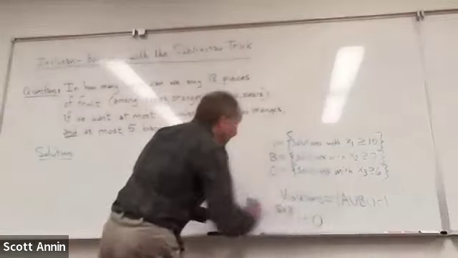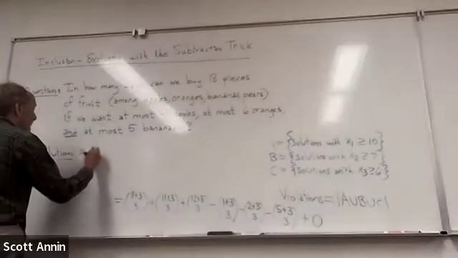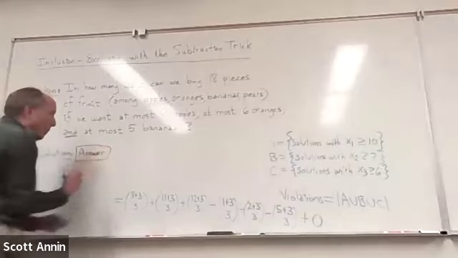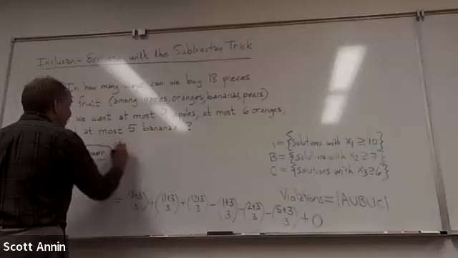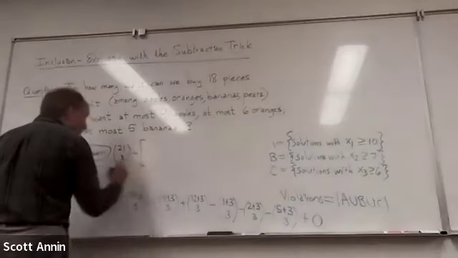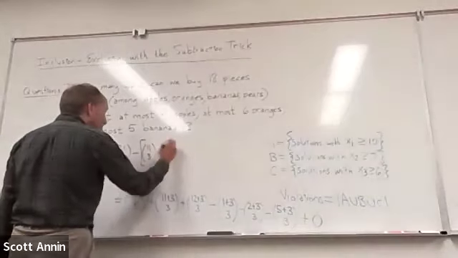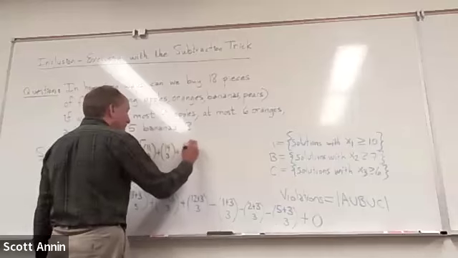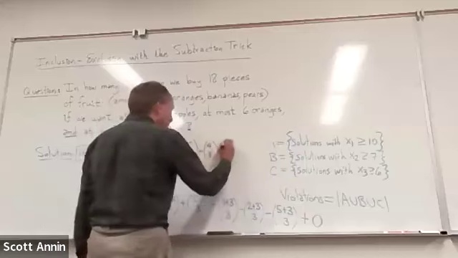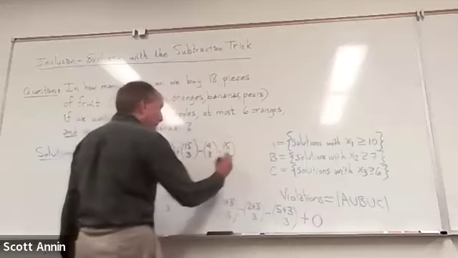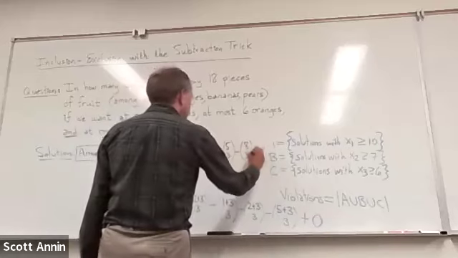We're simply going to take the total, which was 21, choose 3, and apply the subtraction trick with this part subtracted. And so my final answer should be 21, choose 3, minus the quantity of 11, choose 3, plus 14, choose 3, plus 15, choose 3, minus 4, choose 3, minus 5, choose 3, and minus 8, choose 3, and then plus 0.